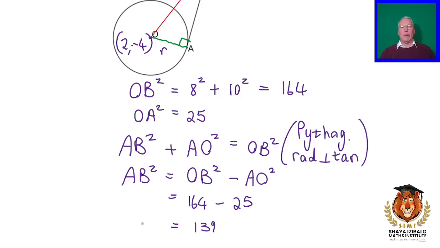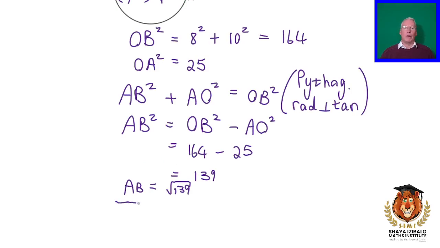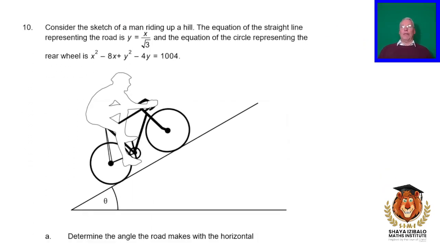That's AB squared. So AB is just going to be the square root of 139. It didn't ask for an accuracy, but obviously we could work that out on a calculator and give it to whatever accuracy we needed. I think we're going to stop there and we'll pick it up again next time.